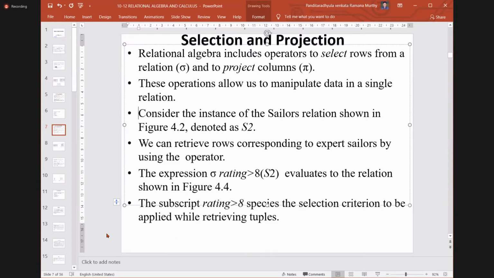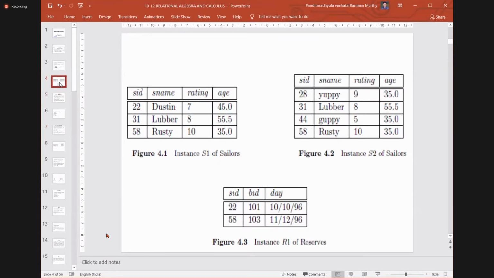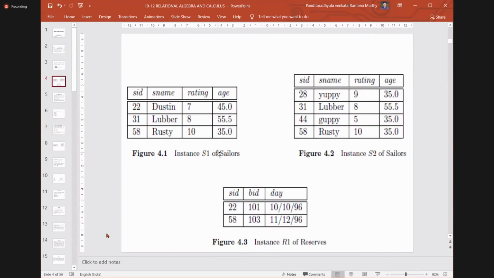We have given you some figures, maybe 4.1, 4.2, 4.3, as I showed you, some tables based on the sailors. Here we are seeing some basic operators and how they work. Figure 4.2 we may call S2, 4.1 we may call S1.